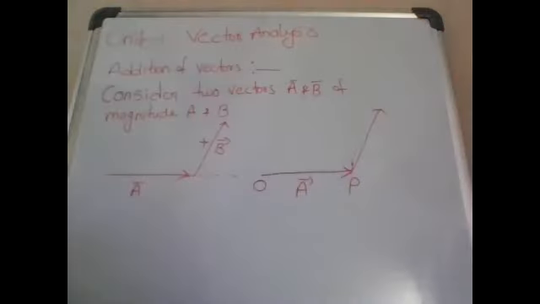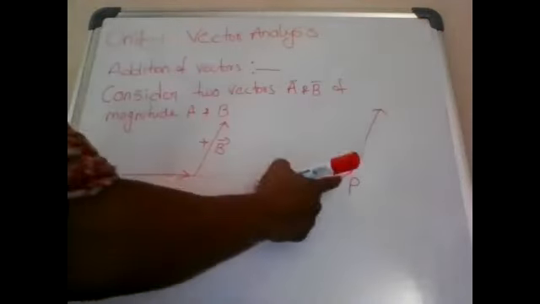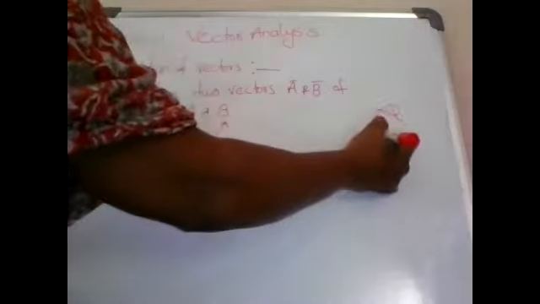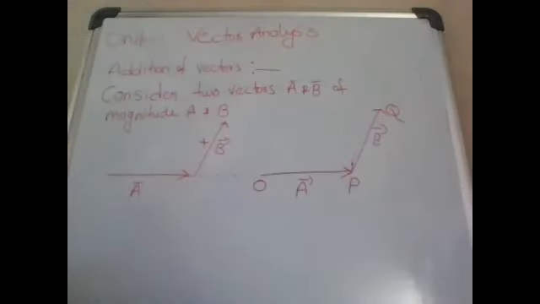So OP represents the A vector and PQ represents the B vector.